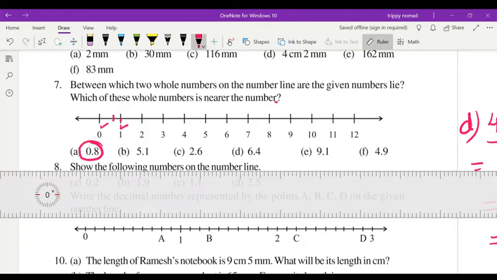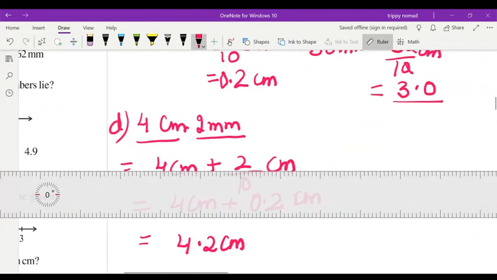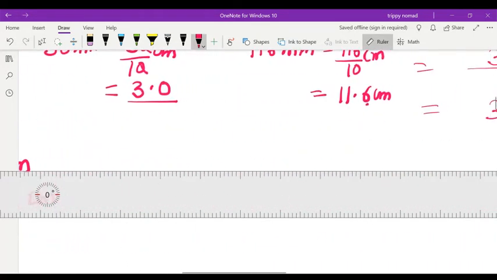Suppose children, this is 0 and this is 1. So 1, 2, 3, 4, 5, 6, 7, 8.